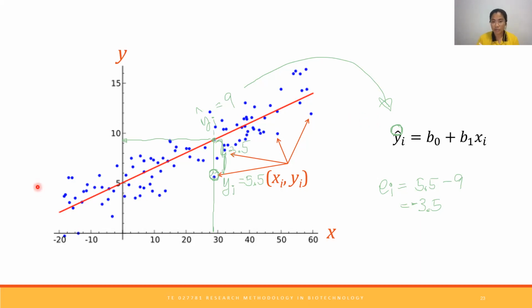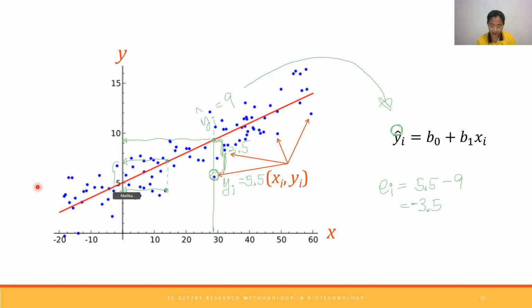Some of you might get some idea now that if we have so many experimental data points, each point will have its own residual error, right? For this one, this is from the experiment, and that one is from predicting from the equation.